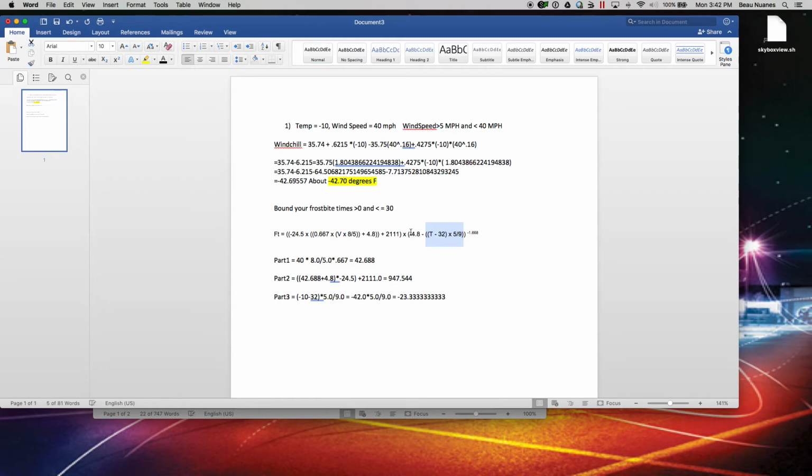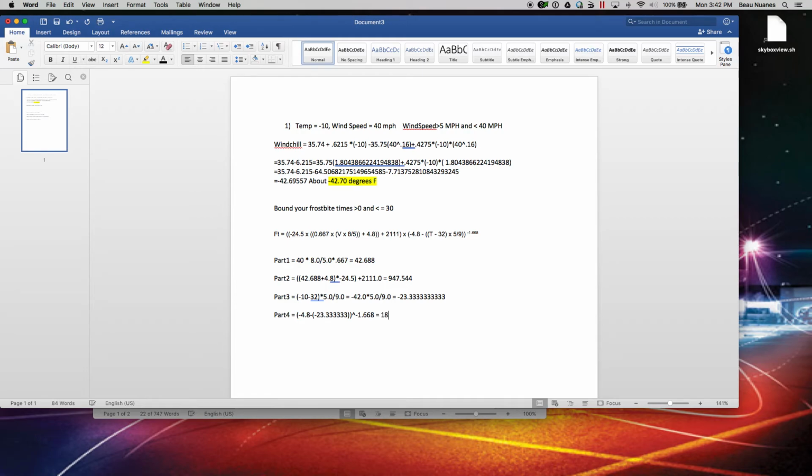Okay, so now we've got all of this. We now need to take negative 4.8 minus that and then raise it to the minus 1.668 power. That's going to give us part 4. So part 4 will be that negative 4.8 minus a minus 23.333 repeating, right? So we end up adding that, and then we're going to raise that whole thing to the negative 1.668 power.